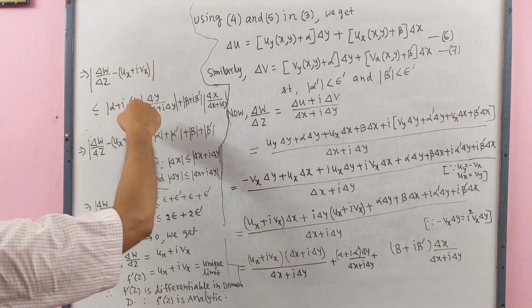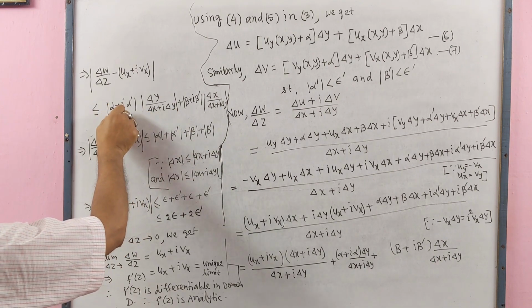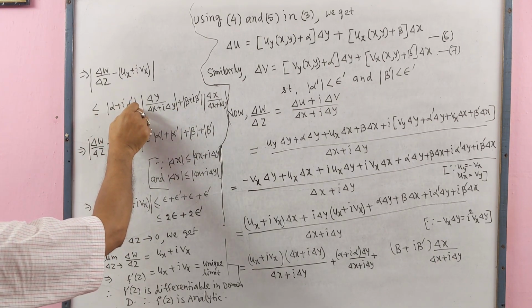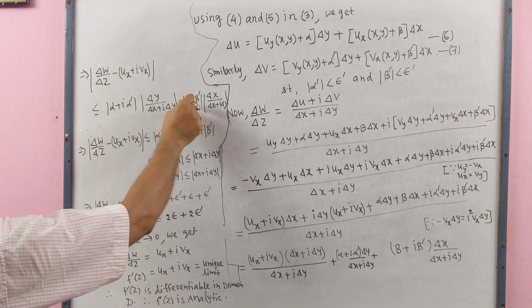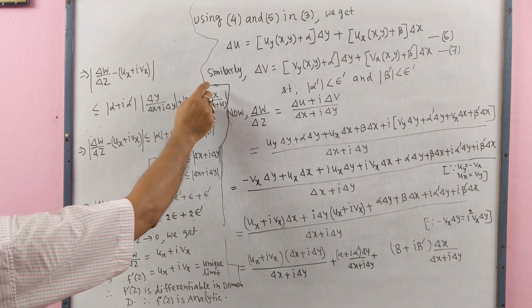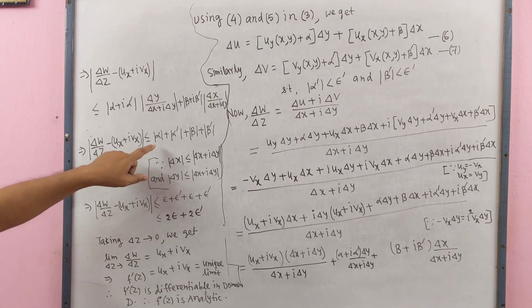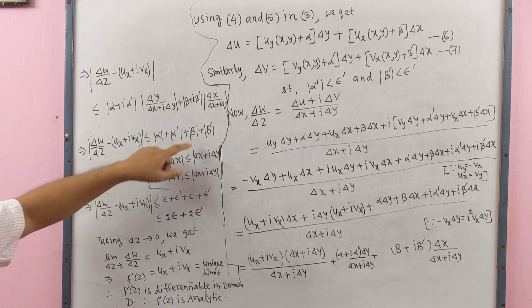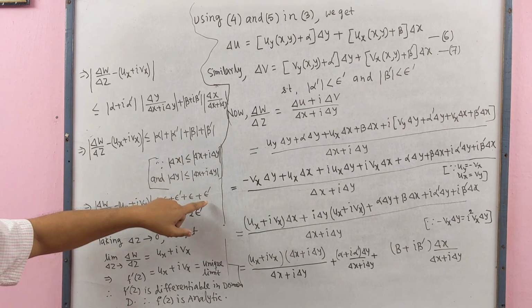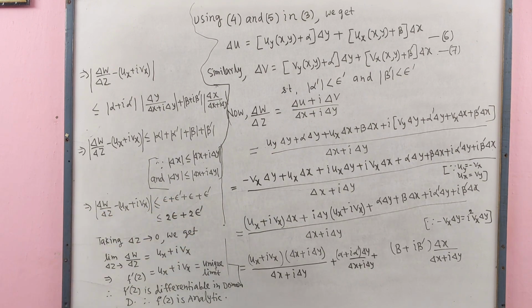So if we replace it, the right side will be greater. So modulus of alpha plus modulus of alpha', modulus of i equal to 1, plus modulus of beta, modulus of i equal to 1, and modulus of beta'. Since modulus of alpha is less than epsilon, modulus of alpha' less than epsilon', modulus of beta less than epsilon, modulus of beta' less than epsilon', the right side is 2 epsilon plus 2 epsilon'.